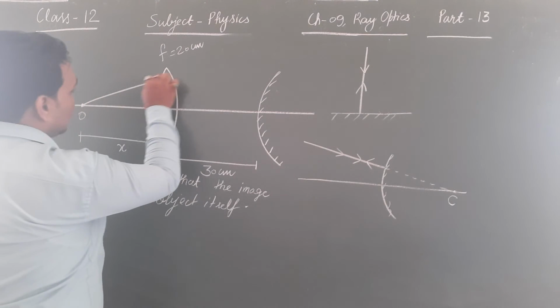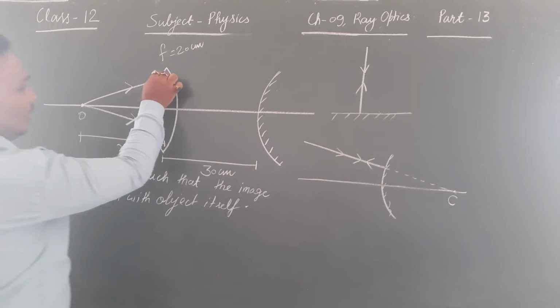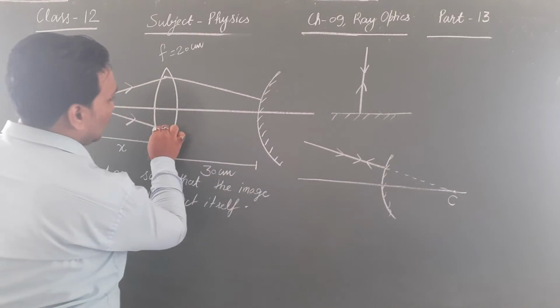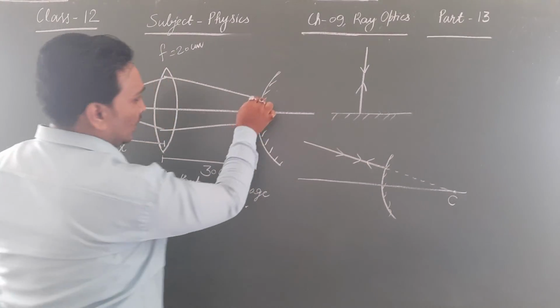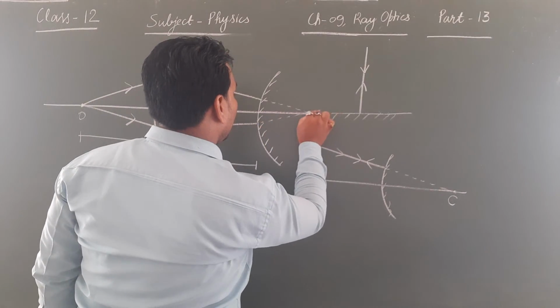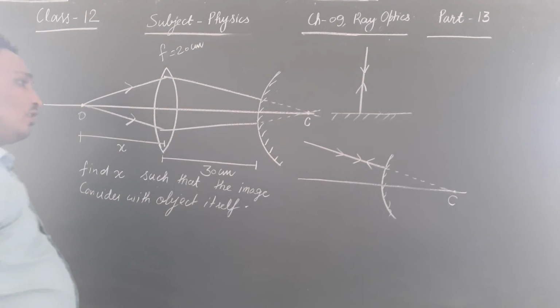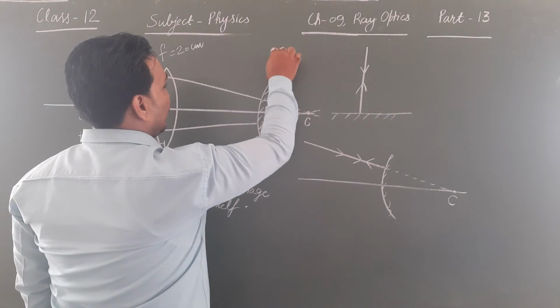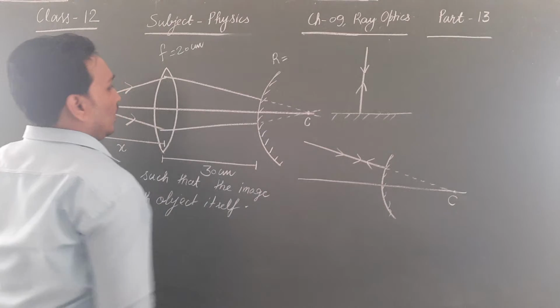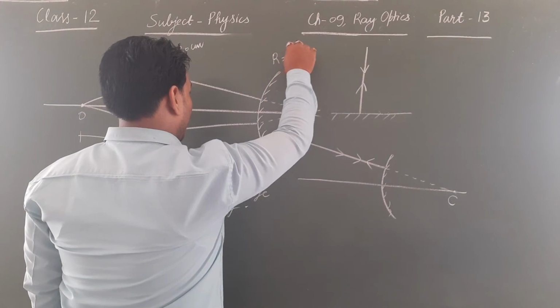So from the object, rays of light fall on the lens. They fall on the mirror in such a way that when we extend these rays, they must go through the center of curvature of the mirror. Center of curvature is not given, radius of curvature of the mirror is given. Let it be 20 centimeter.